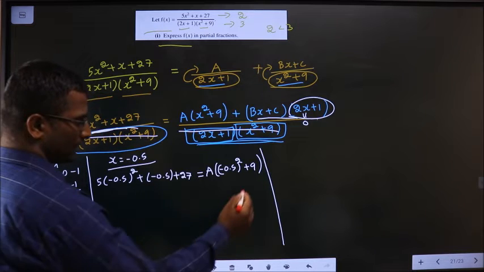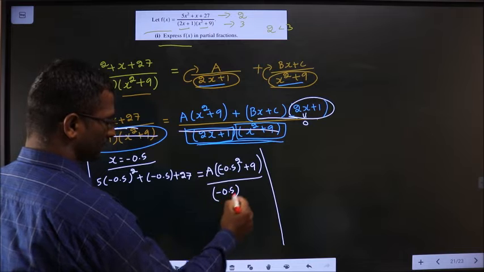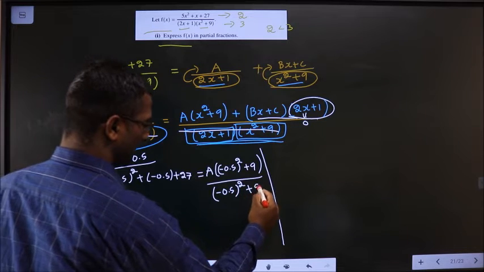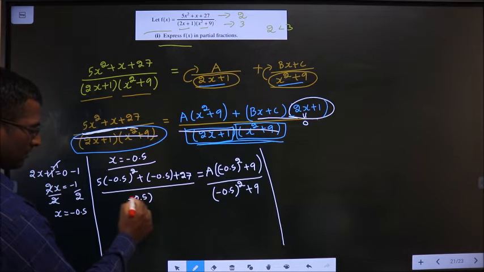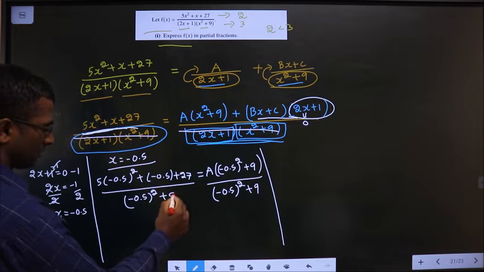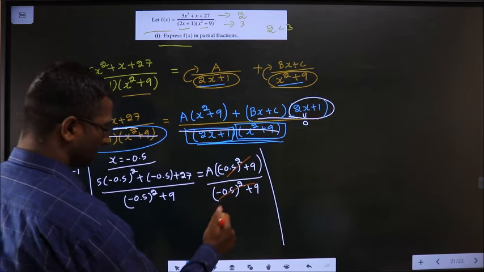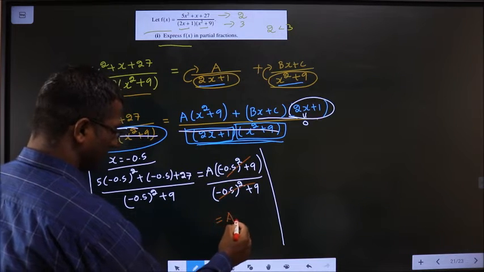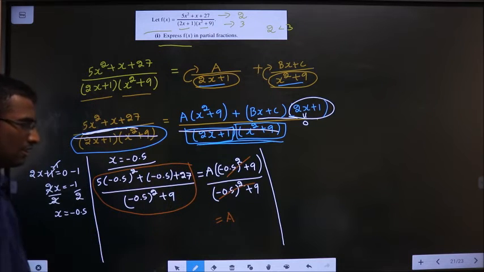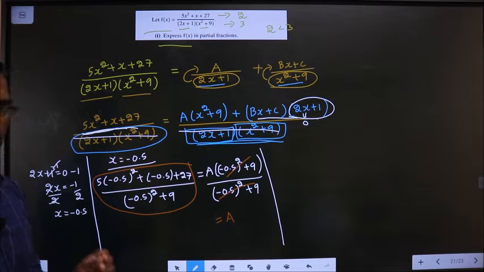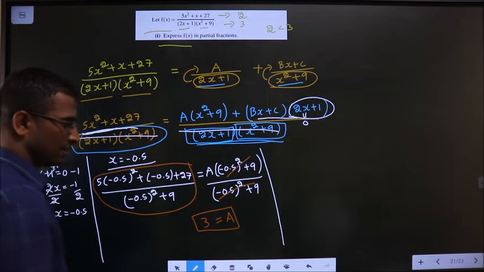Okay. Now both sides divide with minus 0.5 whole square plus 9, even on this side as well. Why are we dividing? Such that this cancels out and we get a. Now put this entire thing carefully in the calculator. You should get a value to be 3. Okay.